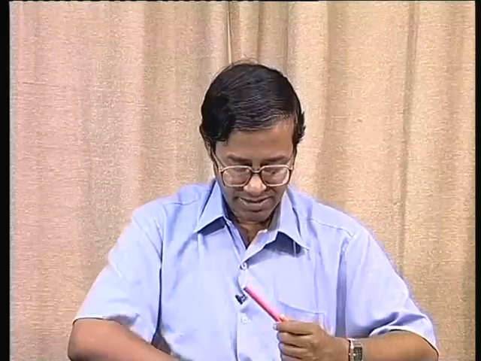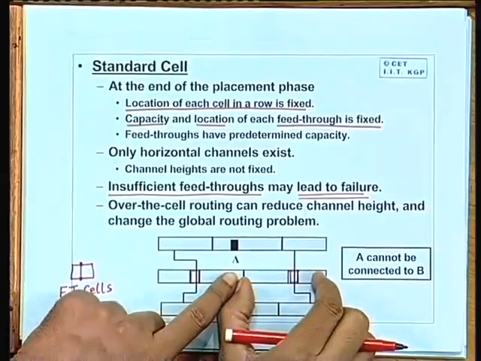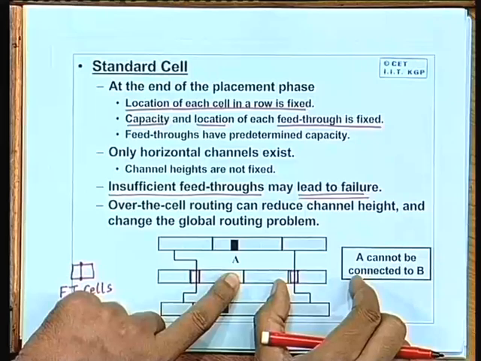Yes. So, can we add one more feed through, when we find in the routing step that we need one more? At the placement stage it is easy, but at the routing stage you are carrying out routing and at some point you find that the feed through is less. If you try to insert a new feed through here, then everything on the right will have to be shifted.